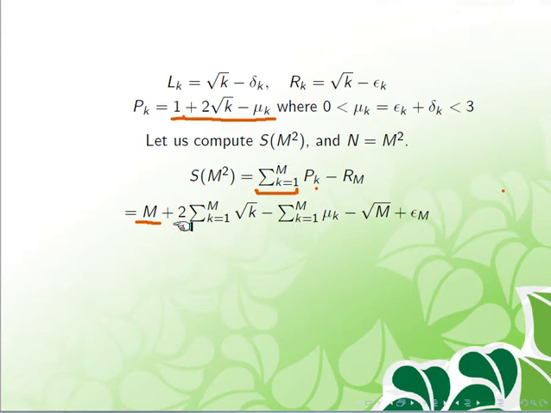We have this one showing up exactly like that, 2 times the sigma of root k, and these are separated like this, and we can estimate this number, and rm is this one plus epsilon m, because it's negative. So that's the number of squarish numbers up to m squared.